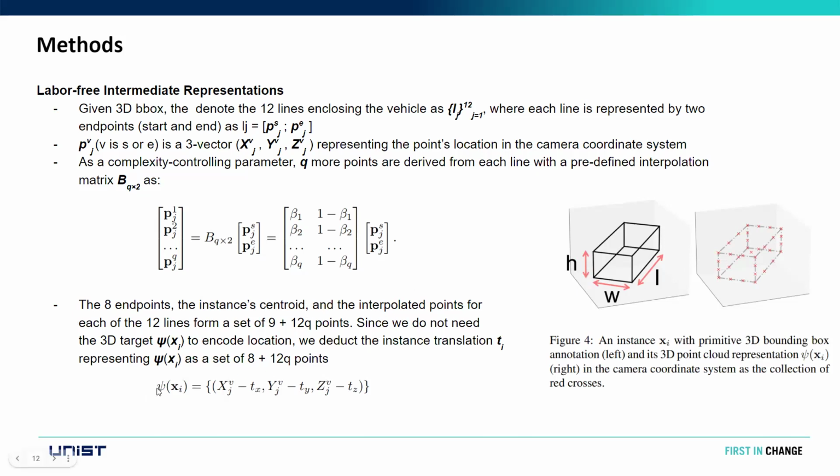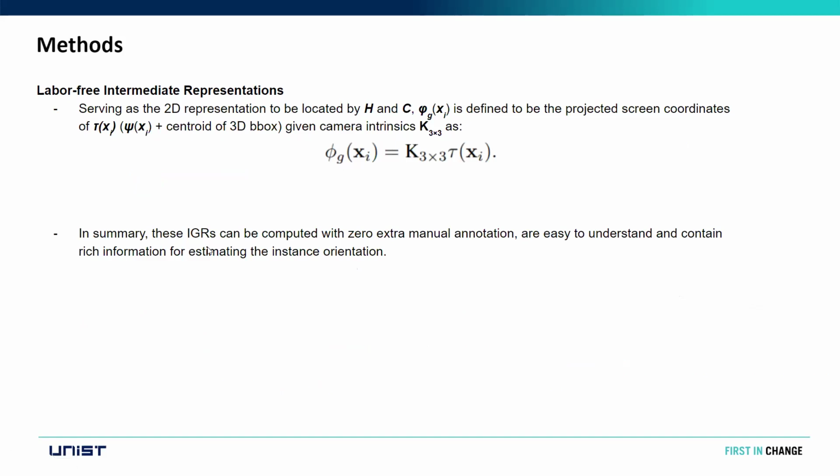So the IGR is a set of points, and then they remove the translations. This is the final output they want to predict from the given instance. Given the camera intrinsics, we just transform them into camera coordinates and we get the final output.